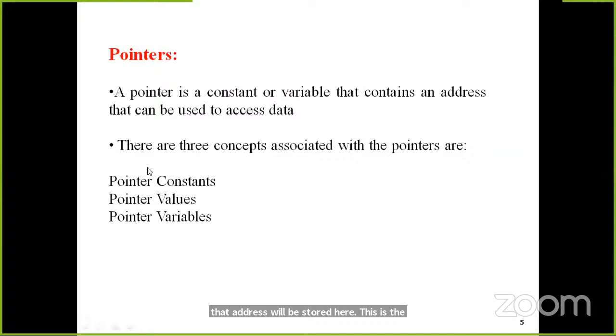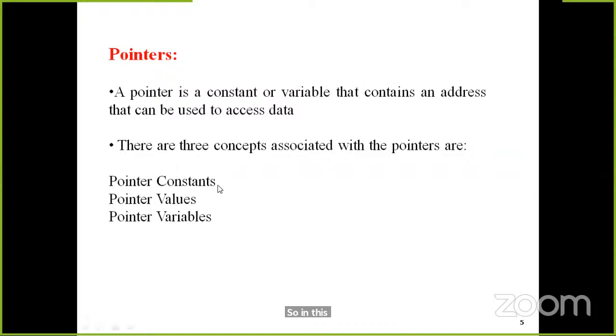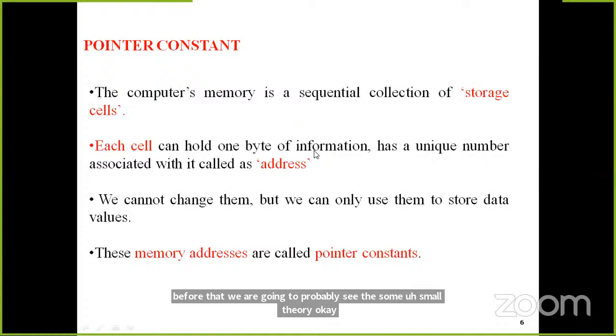There are three concepts associated with pointers: pointer constants, pointer values, and pointer variables. We are going to see each of them. Before that, we are going to see some small theory. We already discussed that each item is stored in memory location.